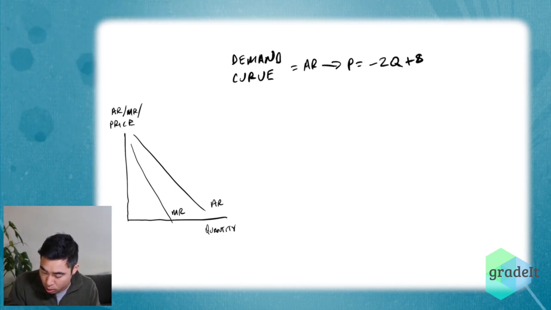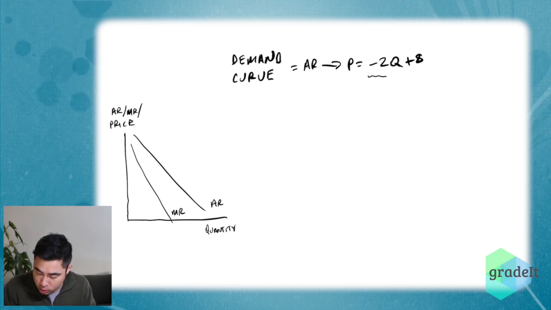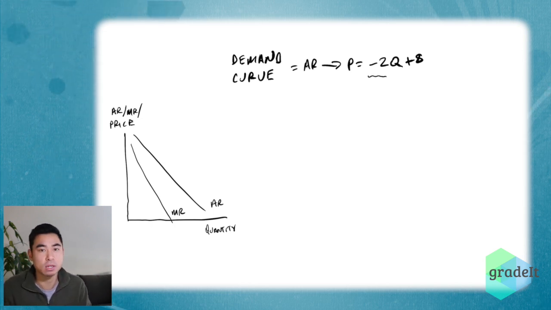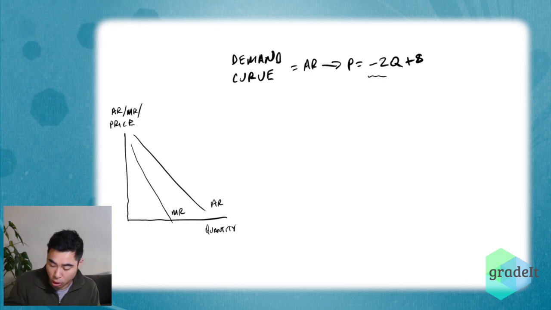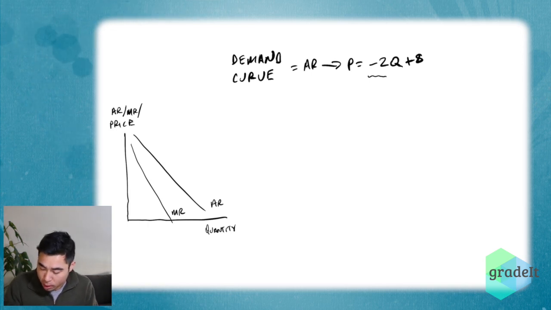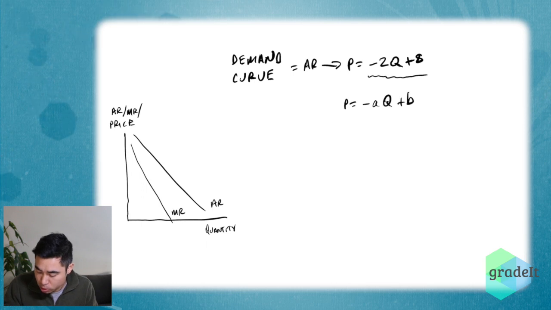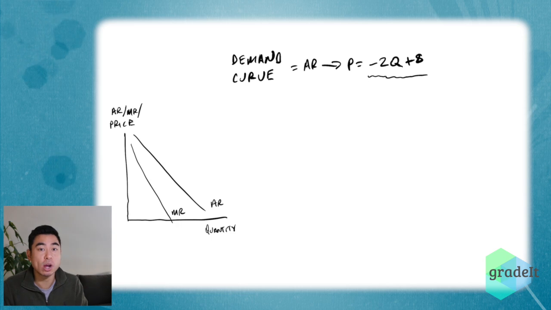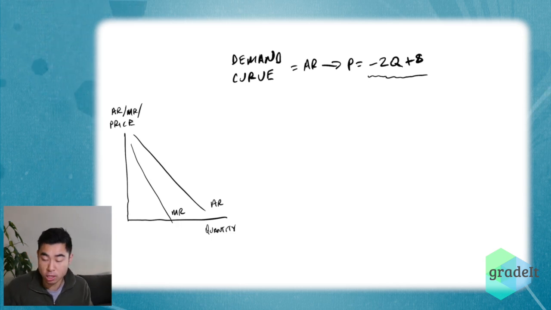It doesn't really matter what this coefficient is here. It needs to be negative because the demand curve is downward sloping. Okay, so we're looking at this in a very specific form here, but if you wanted a more general form, you could say price equals minus AQ plus B. So now we have an expression for price in terms of quantity.